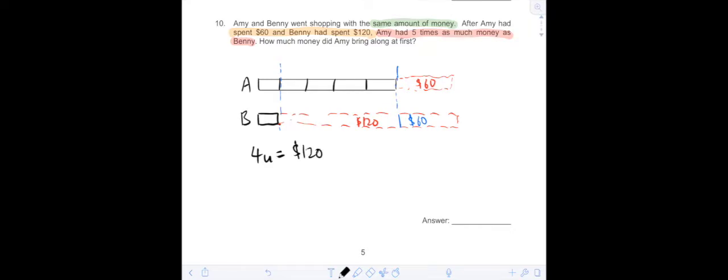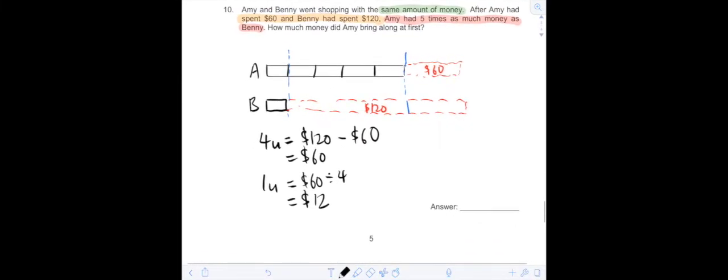So I'll get 4 units will be equals to $120 minus $60 will be equals to $60. Here you can find what's 1 unit. Let me just erase this so it won't be confusing. Okay, 1 unit will be equals to $60 divided by 4, you get $12.